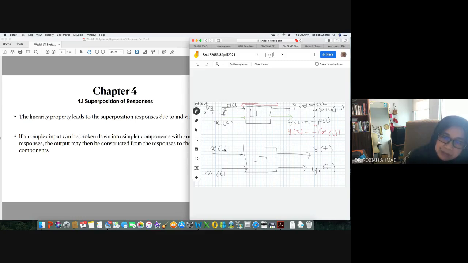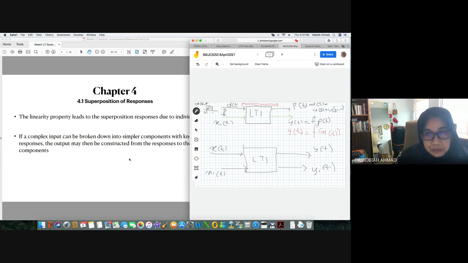Either with method 1, we look at the relationship of x1 with respect to the given input, and then using that relationship we get y(t) as a function of x(t). Another method is that we look into the relationship of y(t) with this one, and then we put it into the equation of y(t) as a function of p(t).